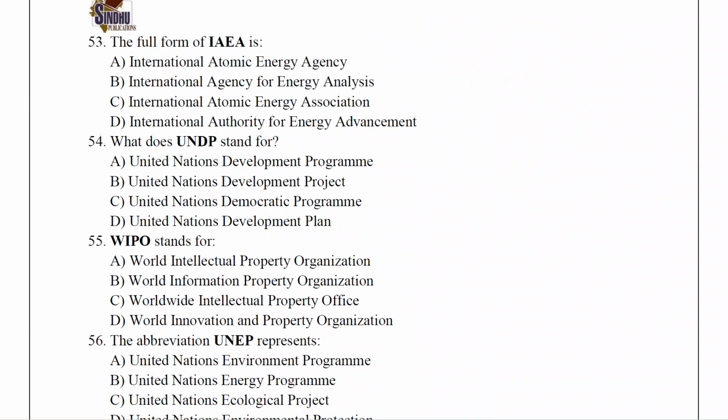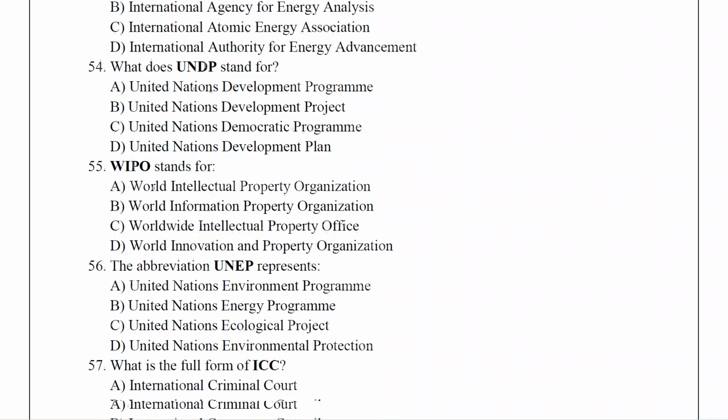Next question. The full form of IAEA is International Atomic Energy Agency. Next, what does UNDP stand for? United Nations Development Program.